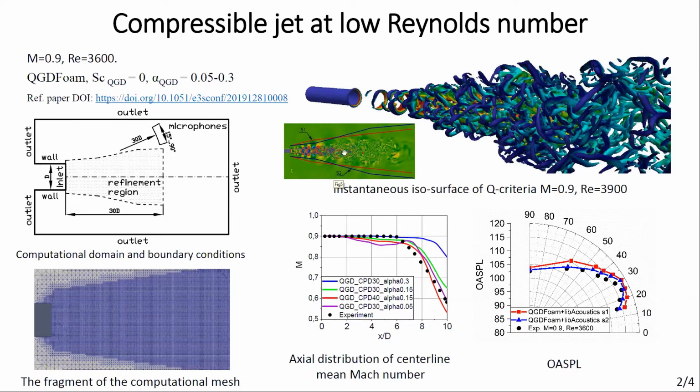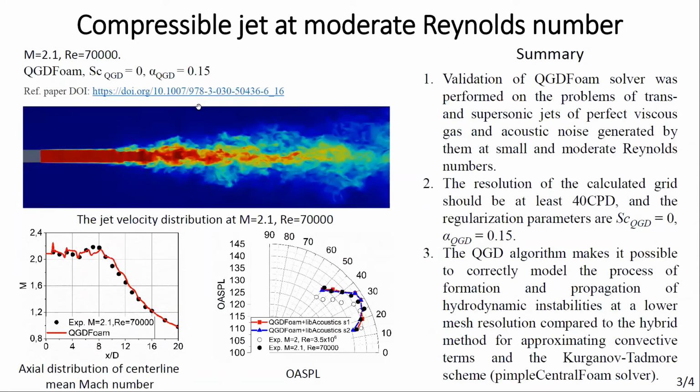The second case is the moderate Reynolds number. You can see the jet flow velocity distribution, and also the axial distribution of the centerline mean Mach number and the OASPL.